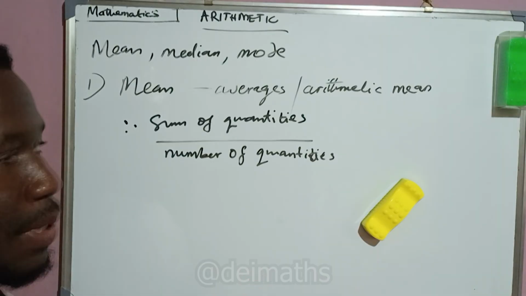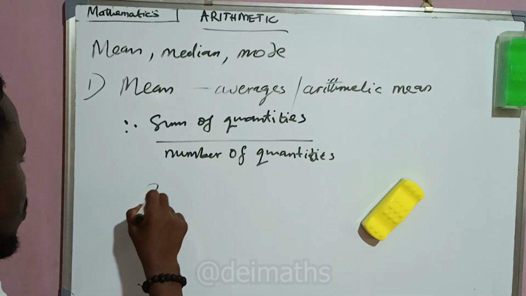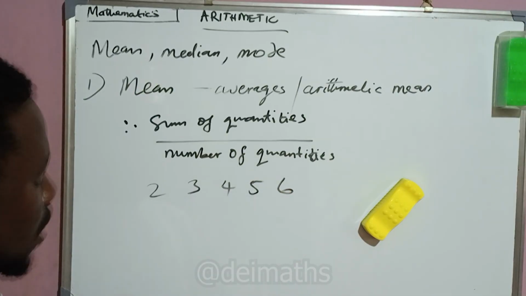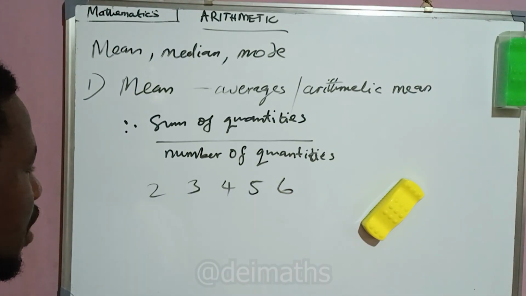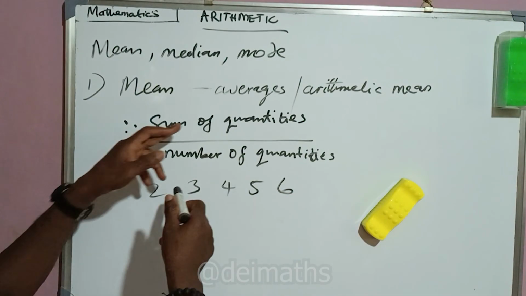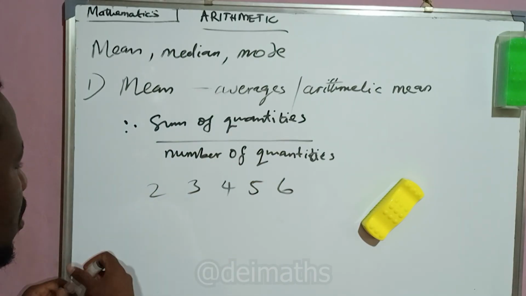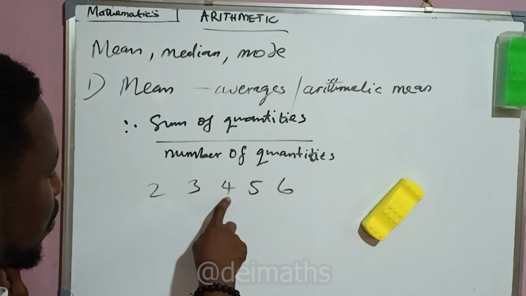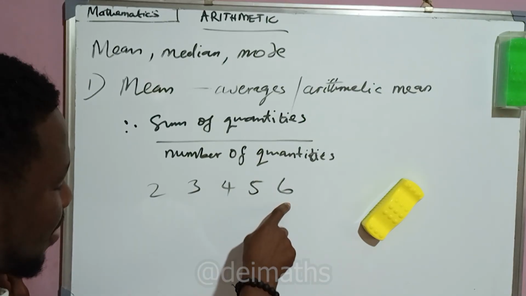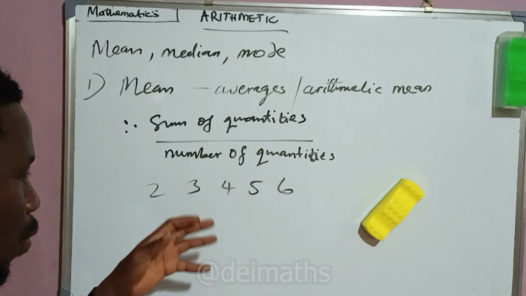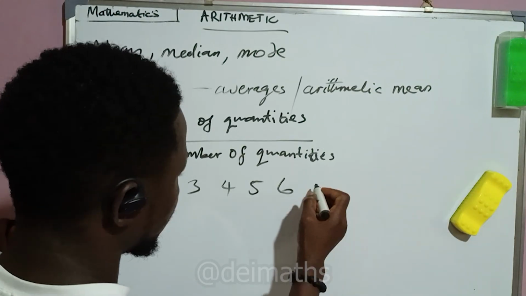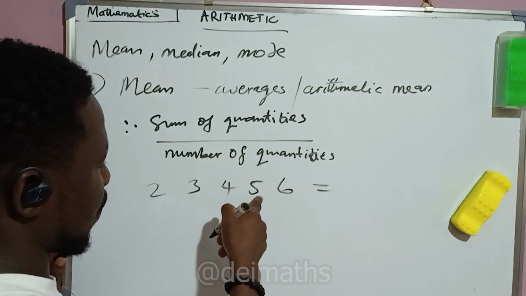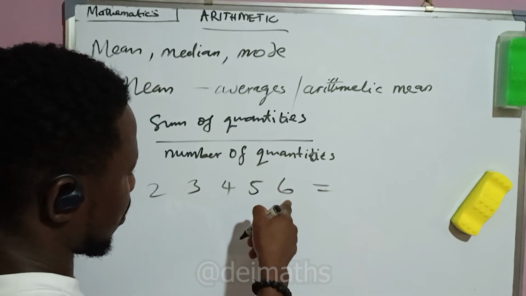Supposing I have a series of numbers like 2, 3, 4, 5, 6. The sum of the quantities is 2 plus 3 plus 4 plus 5 plus 6, which is equal to 2 plus 3, 5, 9, 14, 20.